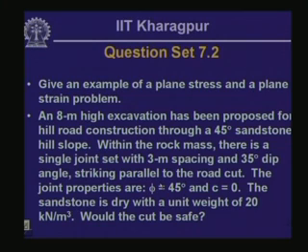The joint has got 45-degree friction angle, and cohesion intercept for the material within the joint is 0. The sandstone is dry with a unit weight of 20 kilonewton per meter cube. The question was whether the joint is going to be safe.